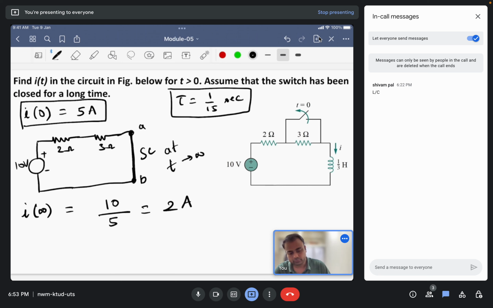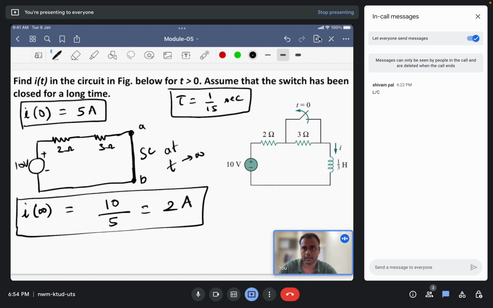Now we have all three values here. We have the initial current I naught, 5 amperes, the time constant, 1/15 seconds, and we also have the final current, I infinity.